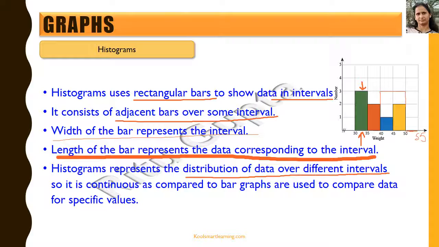In case of a bar graph, we'll have number of children with weight 32, we have one bar, and number of students with weight 38, we have another bar, and we just compare the two. How many students with 32 weight and how many students with 38 weight. So bar graphs cannot be used where we want to show data in intervals, where there's a continuous range.